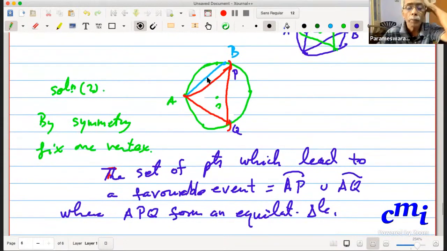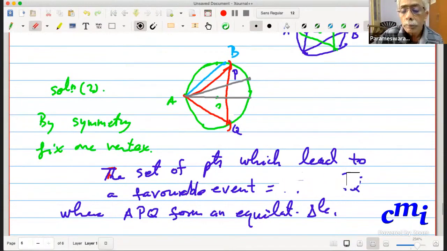Sorry, the favorable part is not this. We want the length to be more. The length is more if, for example, this AB has length less. What I wrote here was wrong. If you want a longer chord, then you should go for this part. You see, this chord is longer compared to this one. For example, the diameter is the longest one. So I wrote something that is not quite right.